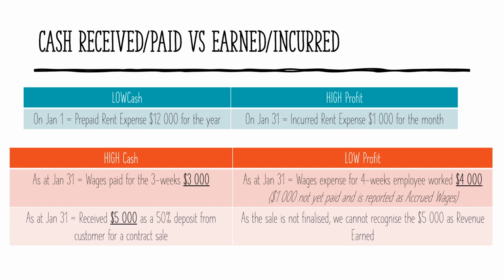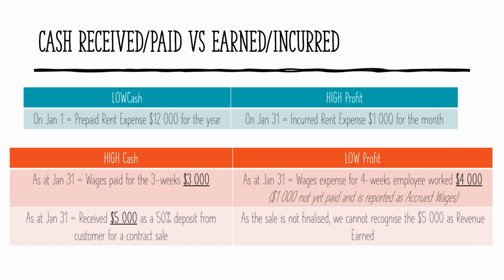However, $1,000 has not yet been paid and is reported as accrued wages. So for the cash, as at 31st of January, the business reports a payment for only 3 weeks, and that's $3,000. In this case, the business will be reporting higher cash but low profits.